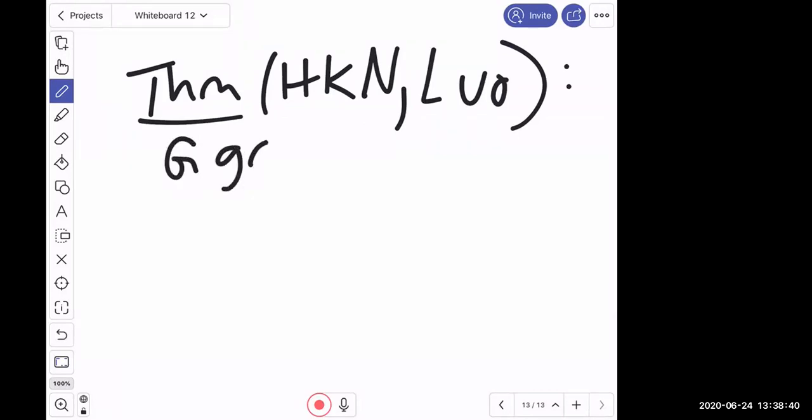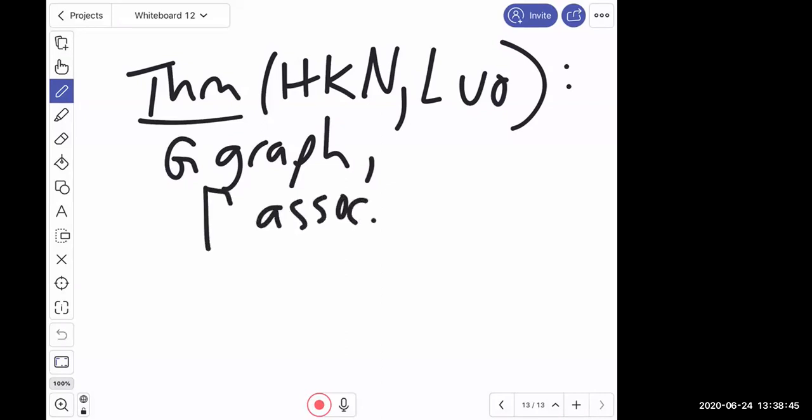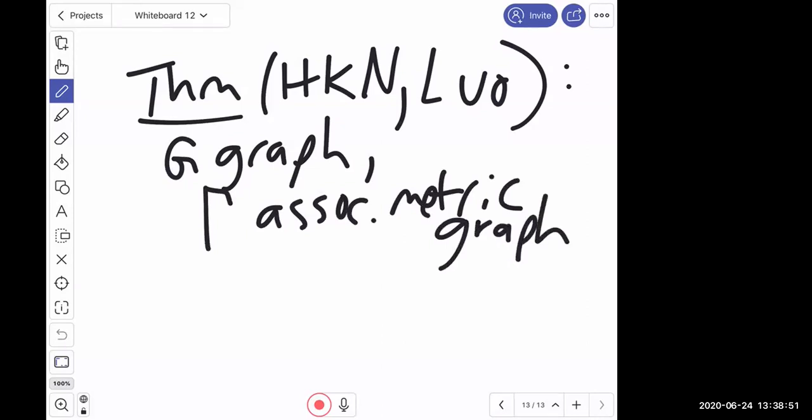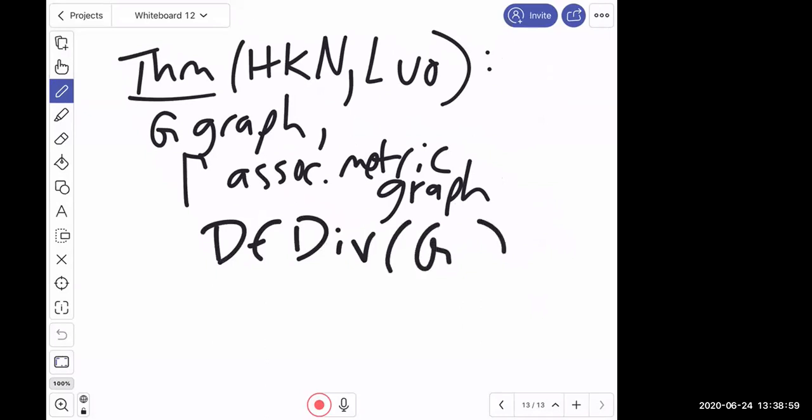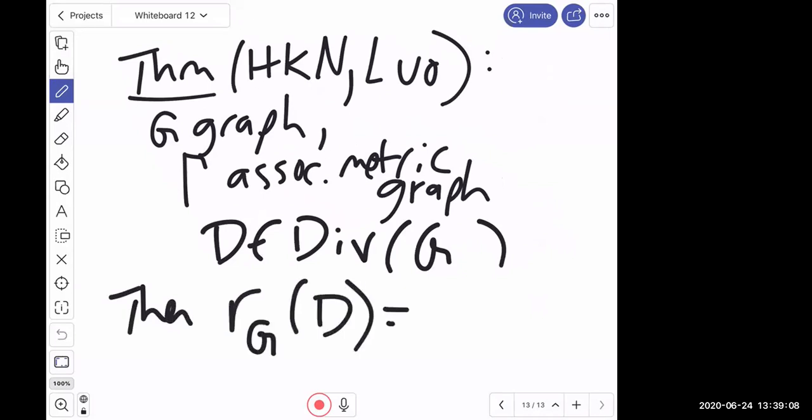So if G is a graph, like in the sense of the last talk, and gamma is the associated metric graph, by which I mean make each edge of the graph have length 1 in the metric graph, and D is a divisor on the graph G in the sense of the last talk, then the rank of D in the sense of the previous talk is equal to the rank that I didn't actually define here, but I'm just letting you imagine. But the point is that you don't really have to worry about the distinction because of this theorem.